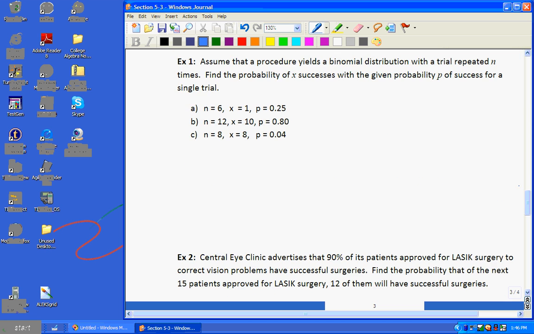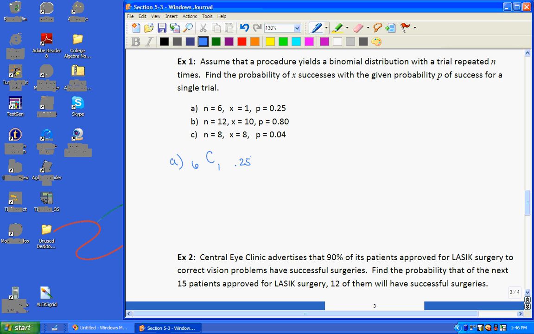Let's try that out here. So example 1, the directions here are basically saying you have a binomial probability distribution. And they're telling you in each one the number of trials, the number of successes, and the probability of a success. So let's take a look at A. If I were to set this up, I could say 6 for n, choose 1. So out of 6 trials, I want 1 success.